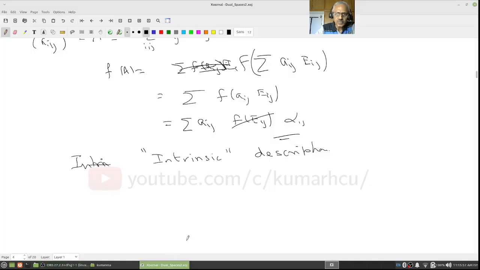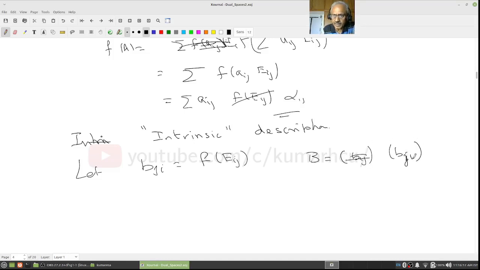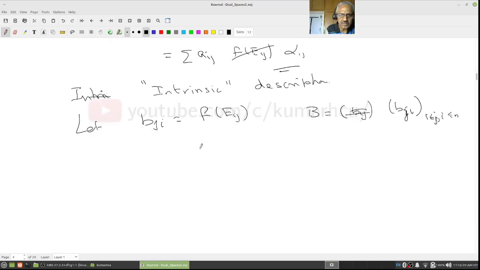Wait a minute. So let us define b_ji to be f(E_ij). Then I have a matrix B = (b_ji), 1 less than or equal to j, i less than or equal to n. Then let us look at what this is.